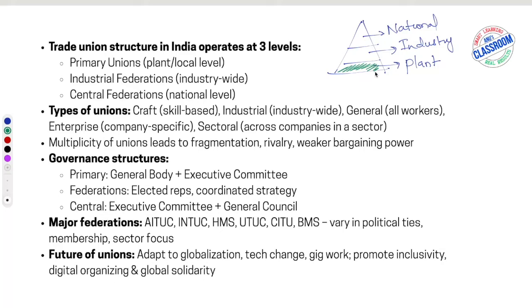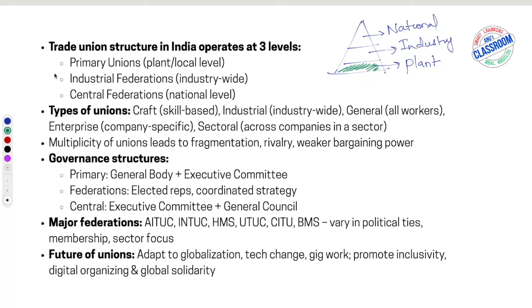They are very local, very focused on a particular plant. They operate within a single plant or a single factory. Some are very site specific, like a factory in Coimbatore, while others may cover an industry across a region, say all textile workers in Tirupur. But basically, that is the most basic level, the very first level, primary unions.